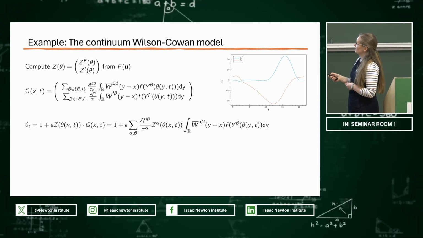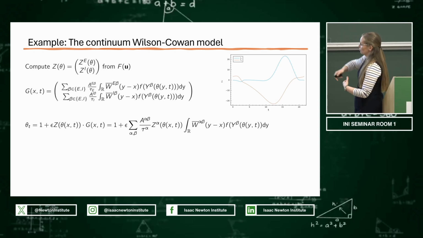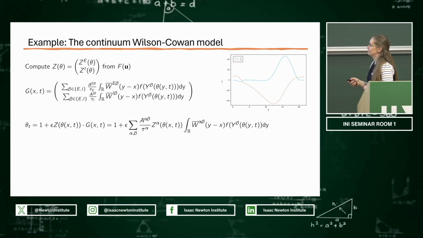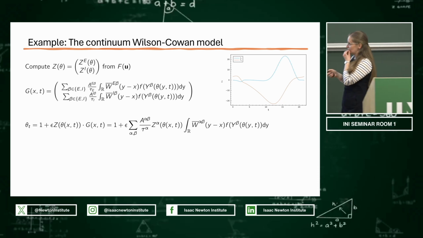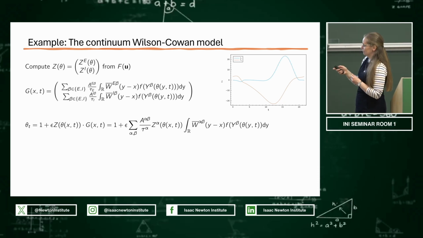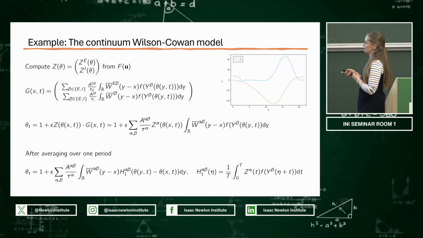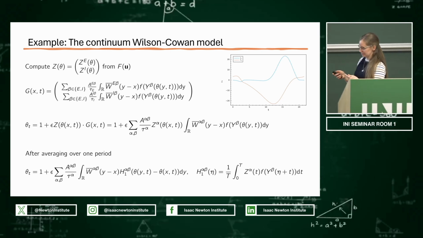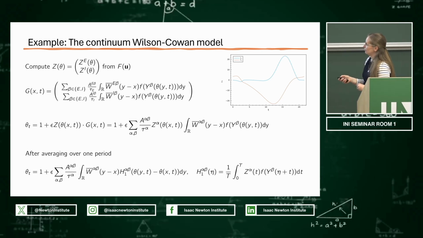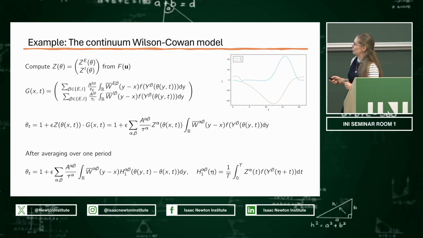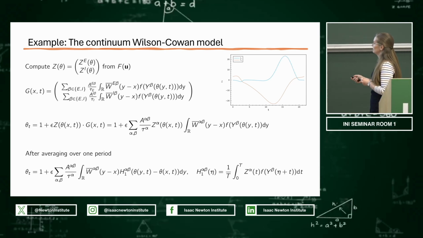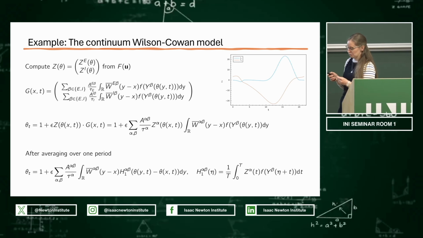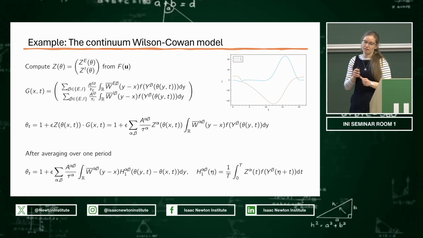But the main point is that you've got this order epsilon correction term to the constantly increasing theta. Okay, and we can write out what that is in terms of things that we can calculate. So we've got this function that describes the evolution of theta, and if we average it, we get an even nicer equation because now we've got this phase difference part here, and we've got this interaction function h1, which we can calculate once we've got the phase response and we know what the limit cycle is.